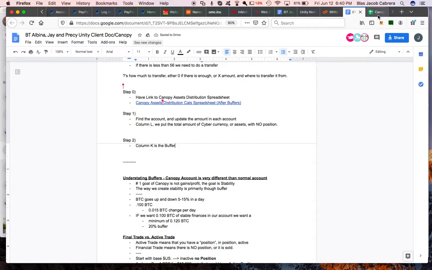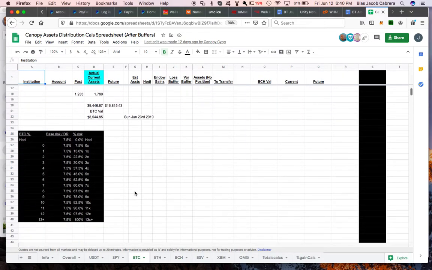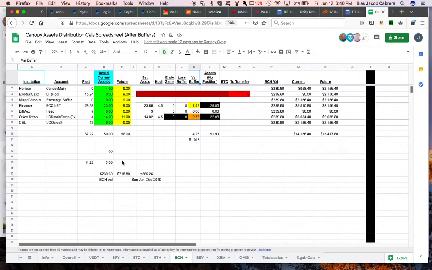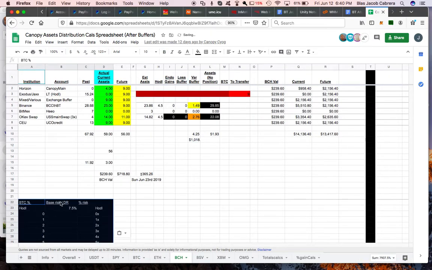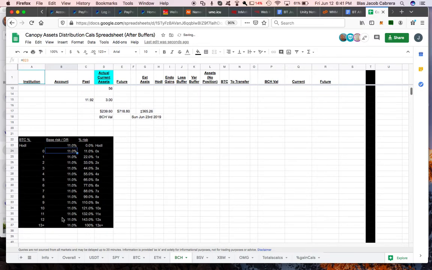Every single cryptocurrency has a different buffer value. I think with Bitcoin, I might have it done already. Yeah, so you can see the buffer down here. This is the buffer required based on the risk and the total valuation. BCH is usually higher, so maybe it's like 10 or 11% as opposed to 7.5.